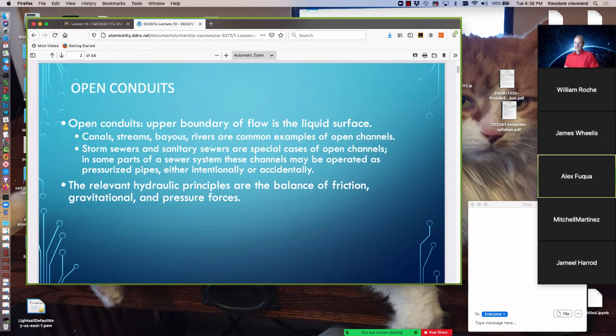And that's distinct from a pipe that's completely full as we understand it, because the upper boundary of flow at that point is the top of the pipe. The water can't get any deeper in a pipe that's already full. So that's the main difference in a sort of layman's approach. If the water can somehow get deeper, it's an open channel.